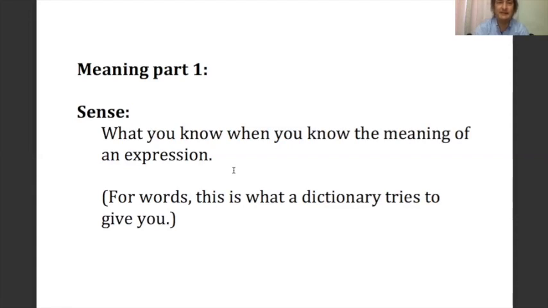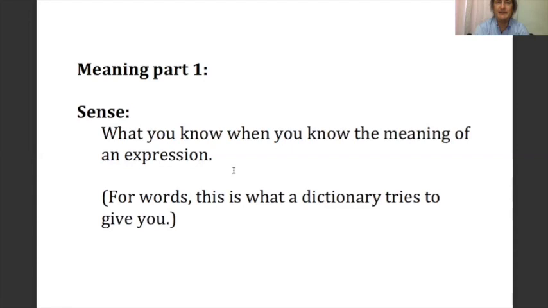The first one is what's called sense. The word comes from Gottlob Frege. Frege was a late 19th century scholar who essentially invented the foundations for modern semantics.